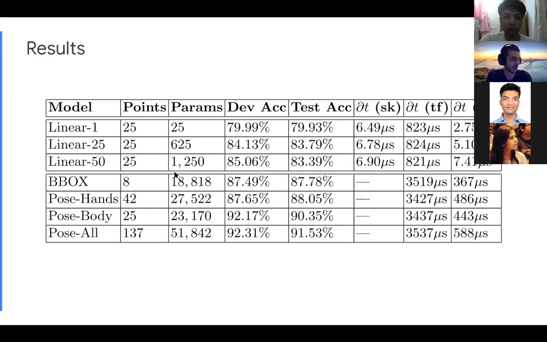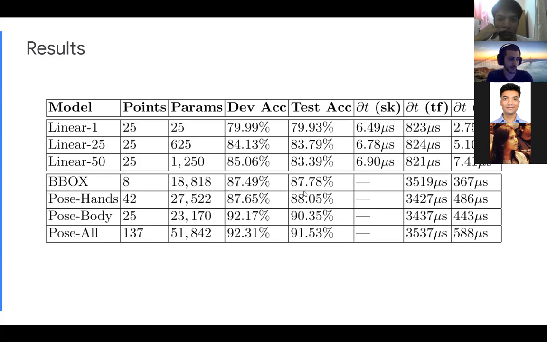We then tested our other models. So we had the bounding box model, the pose hands model, the pose body model, and the pose all models, which are, I'll remind you, just taking the pose estimation, optical flow, and then having an LSTM model on top of that with a single layer. And that shows really promising results as well.